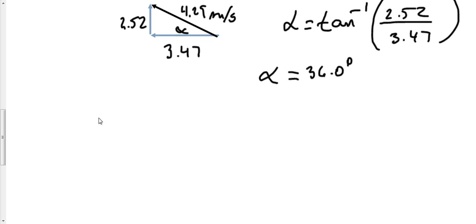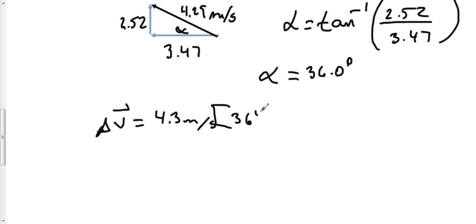So the change in velocity, and it's a vector, so let's give it the physics party hat, is 4.3 meters per second, and my direction is 36 degrees.